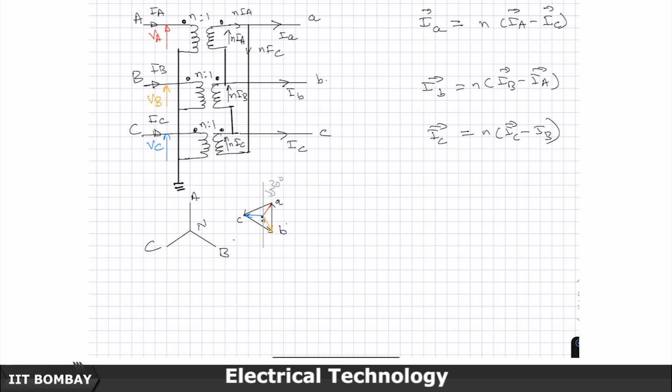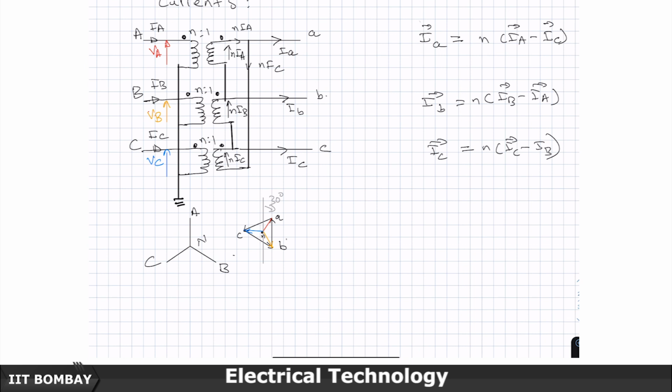Again we will use our knowledge of symmetry because we are dealing with a balanced system. So let me bring this equation down, and I know that IC is going to be A times of IA.